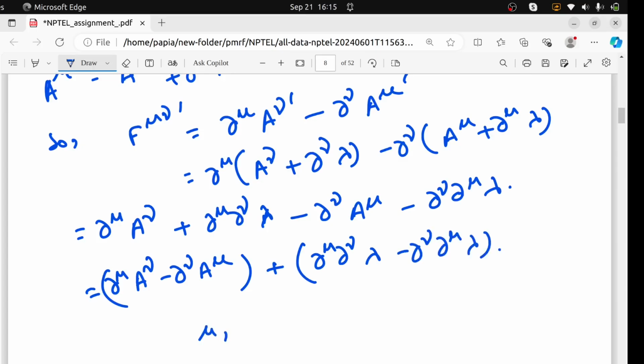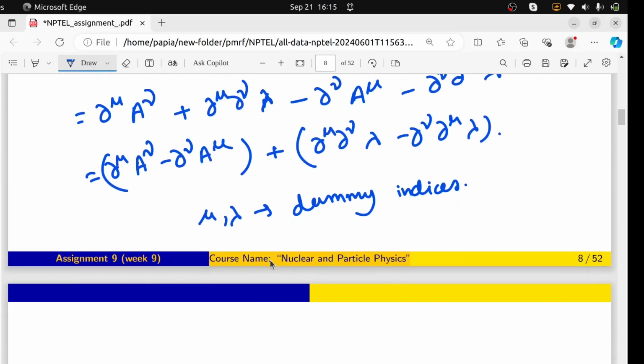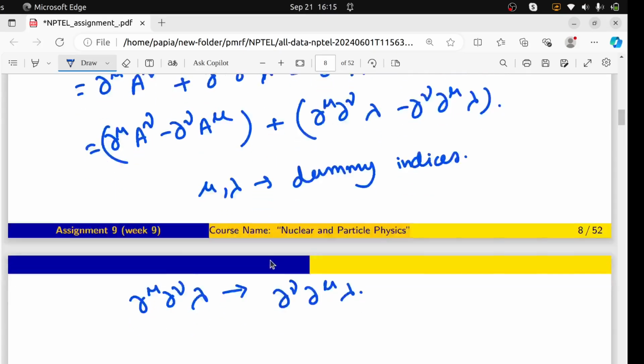And obviously μ and ν are both dummy indices, so they can be interchanged. Okay, so they can interchange, so that means ∂_μ ∂_ν λ can be written as ∂_ν ∂_μ λ, right?